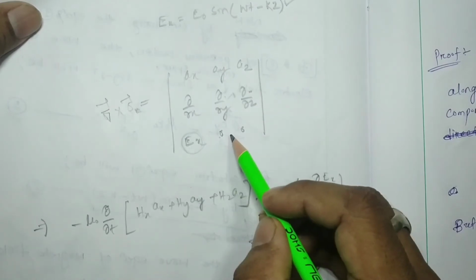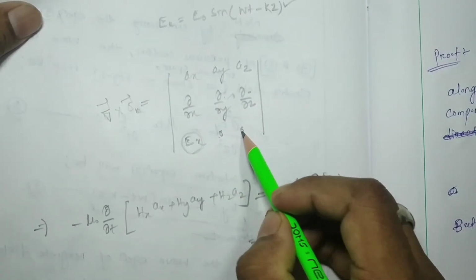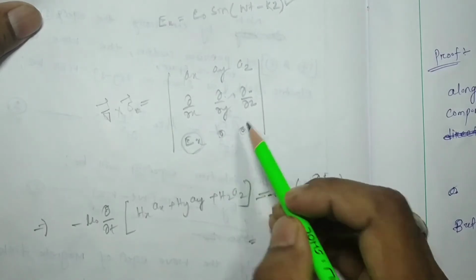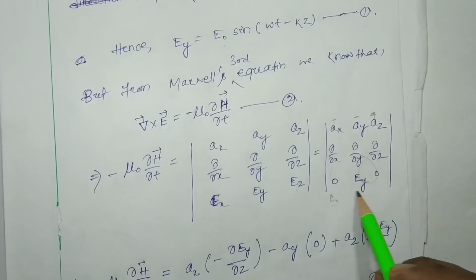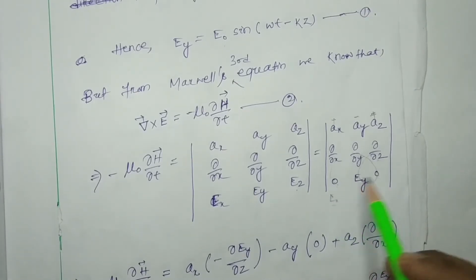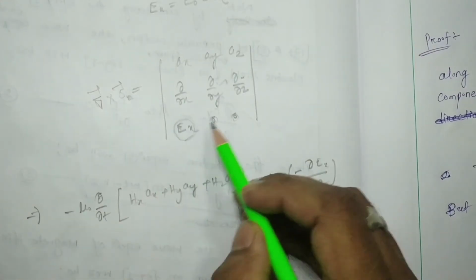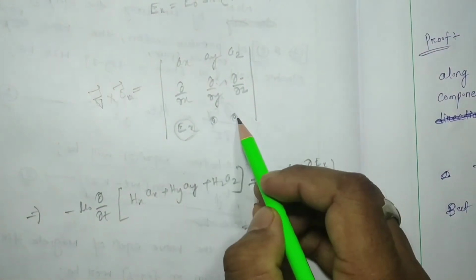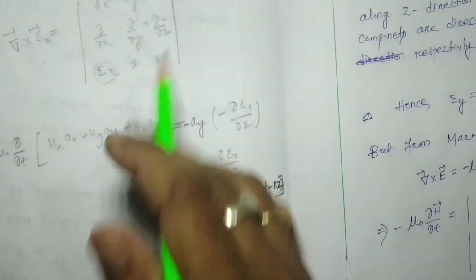The y component of the electric field will be 0, and the z component of the electric field is 0. So I have substituted 0, 0. Previously we had only the y component, and the x and z components we substituted as 0, 0. But here, along the x-axis it has the component, and y and z are 0 and 0. Now you just do the cross product.